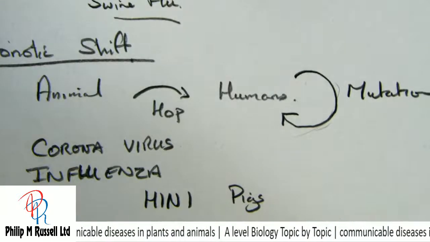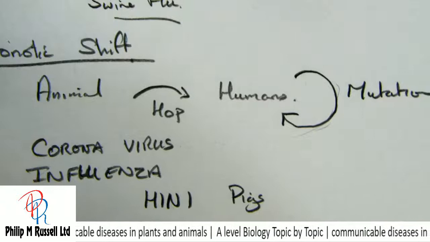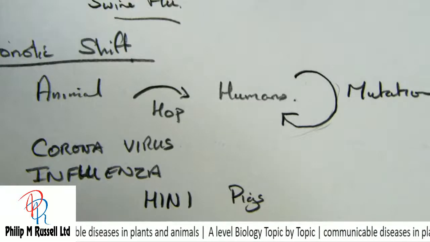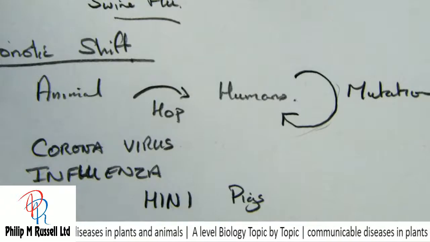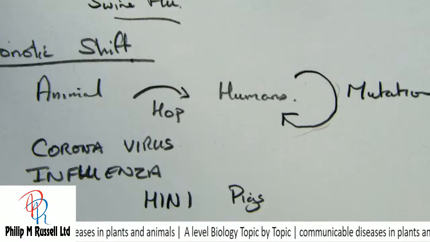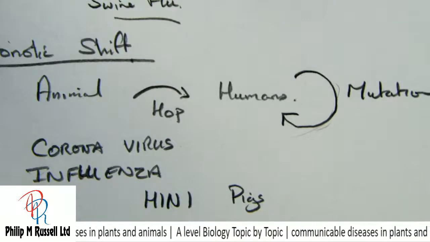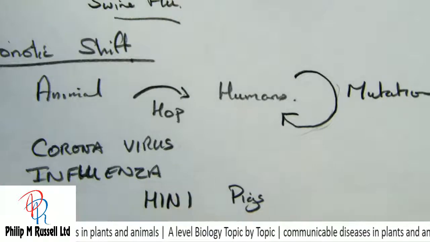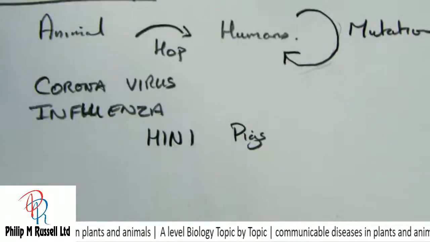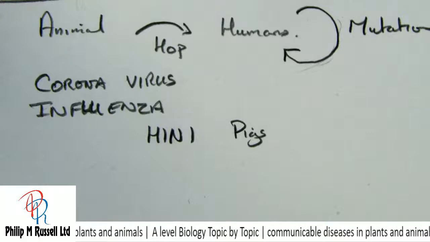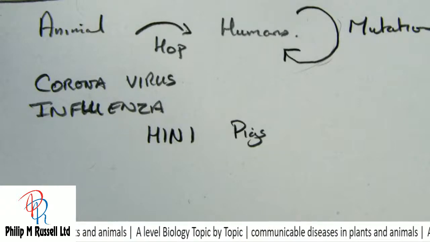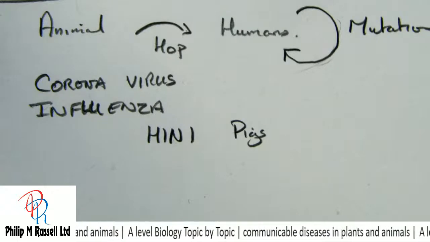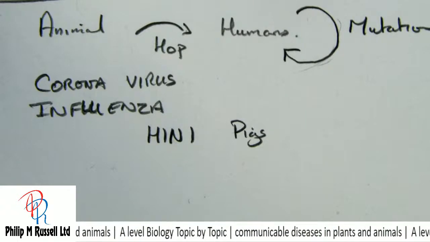The outbreak spread to the US, where DNA analysis worked out that this was a mutant strain of this H1N1 swine flu virus, and it hadn't been seen before in pigs, and of course it hadn't been seen before in humans, and that causes lots of problems.